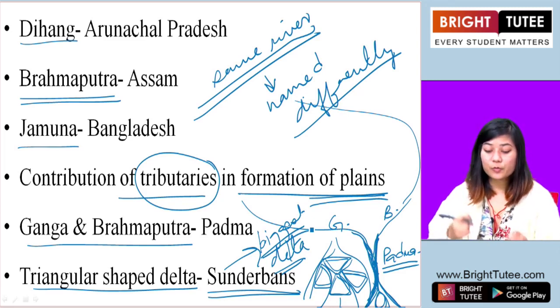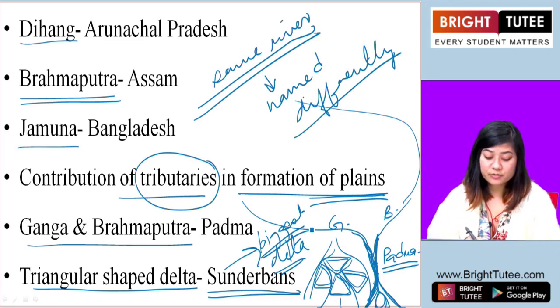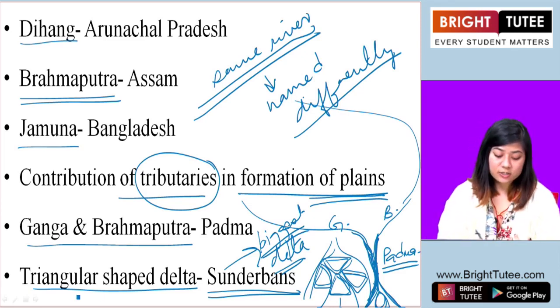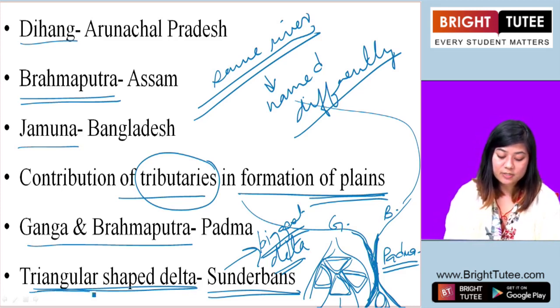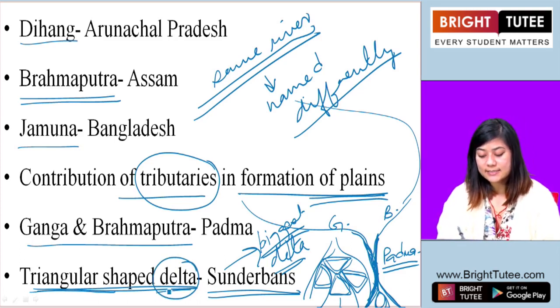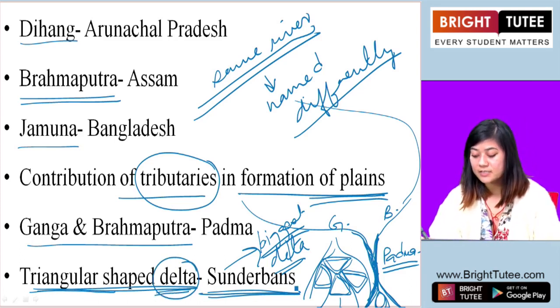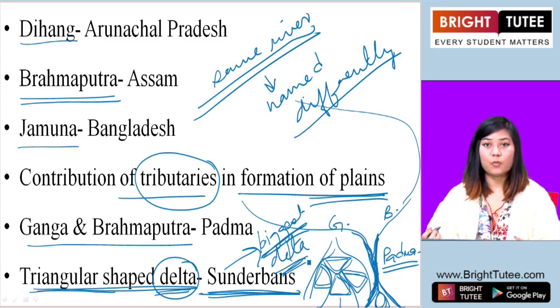Alright, so we saw how tributaries and distributaries of the rivers form unique shapes of land masses, and this unique shape is triangular and they are called deltas, and these deltas are called Sundarbans in our country, and the Sundarbans form the biggest delta in the world.